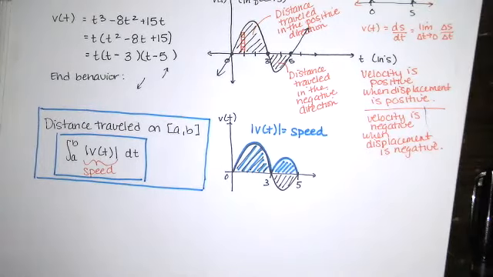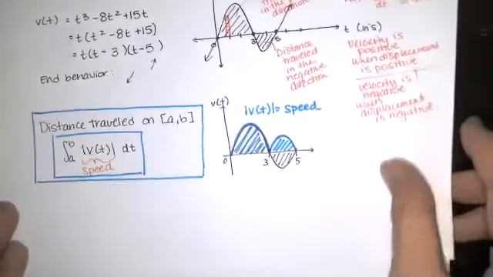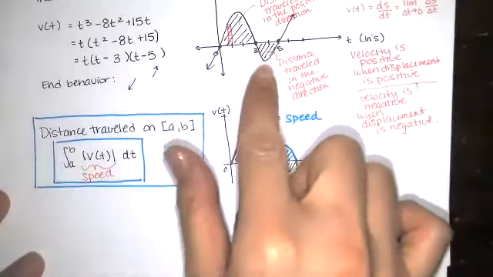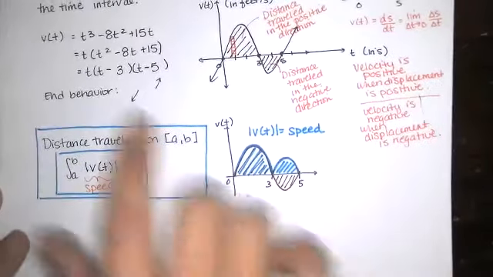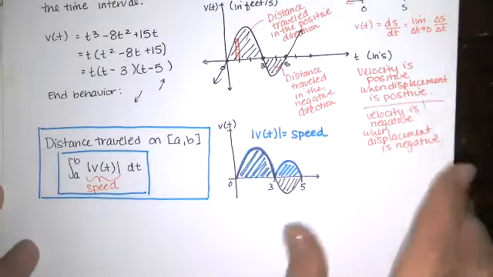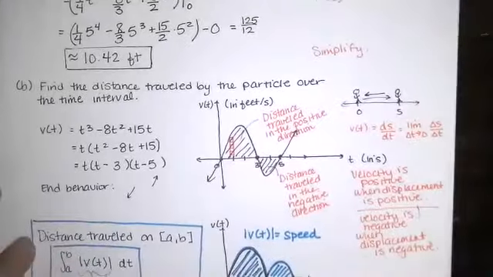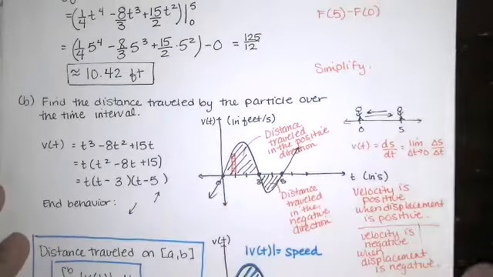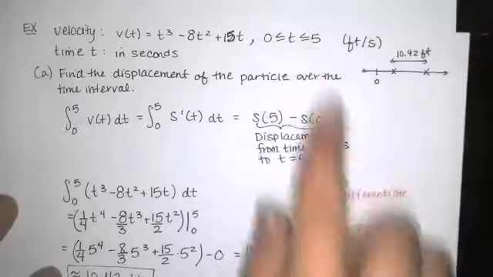Okay, now in practice, if I want to find distance traveled, I actually have to do something like this. I need to figure out where my velocity function is positive and negative on the interval in question. In this question, our velocity was given to us on the interval from 0 to 5.